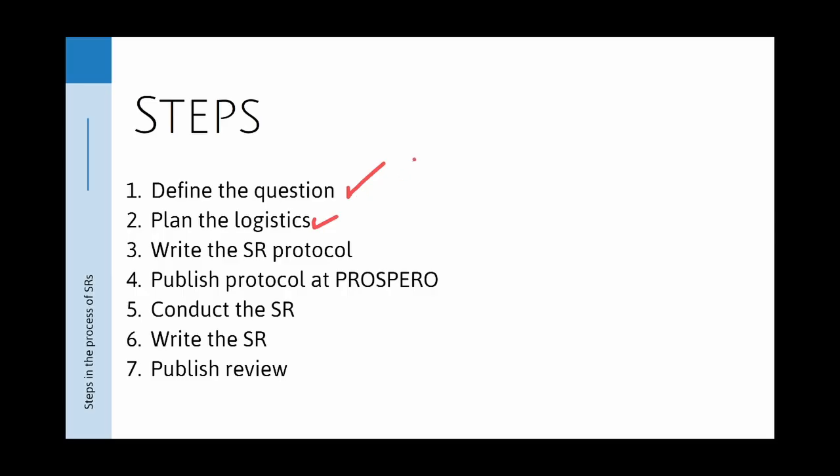The logistics is the team, the time, the expertise, and these kind of things that need to be considered. Then you write the protocol and publish it before starting the systematic review. I have already explained why it's important to first publish the protocol and then conduct the systematic review. Then you write the systematic review, and finally you publish your review.